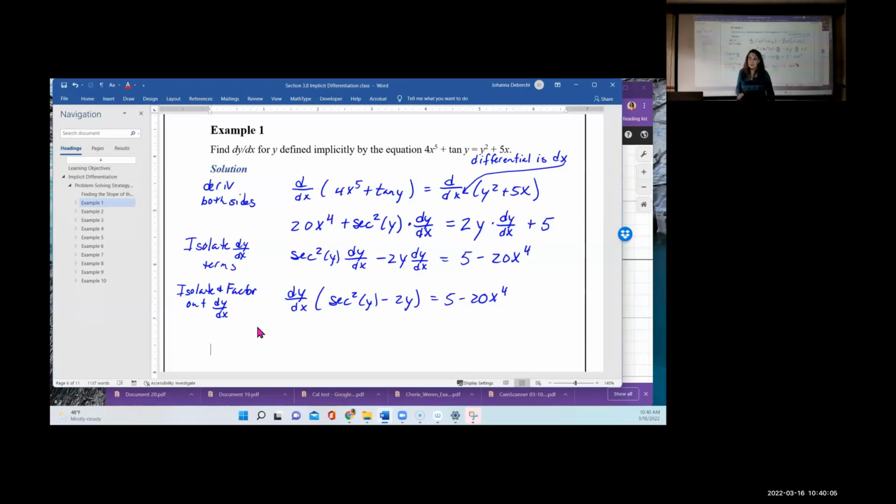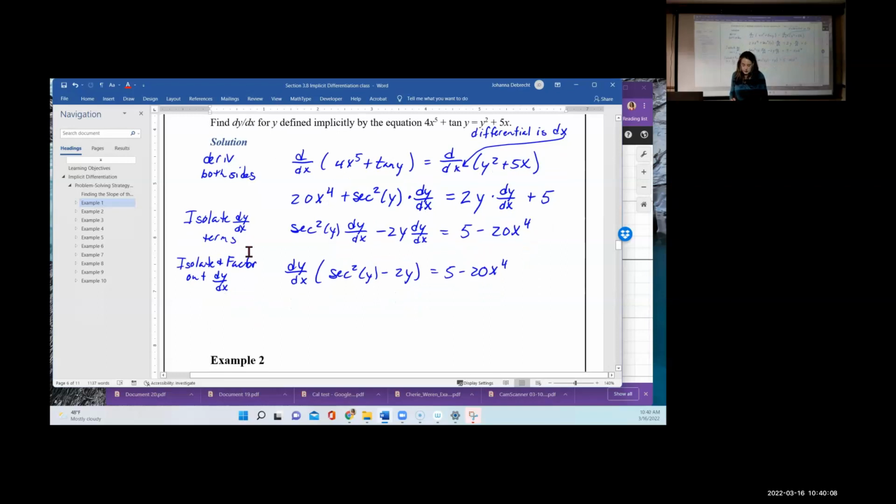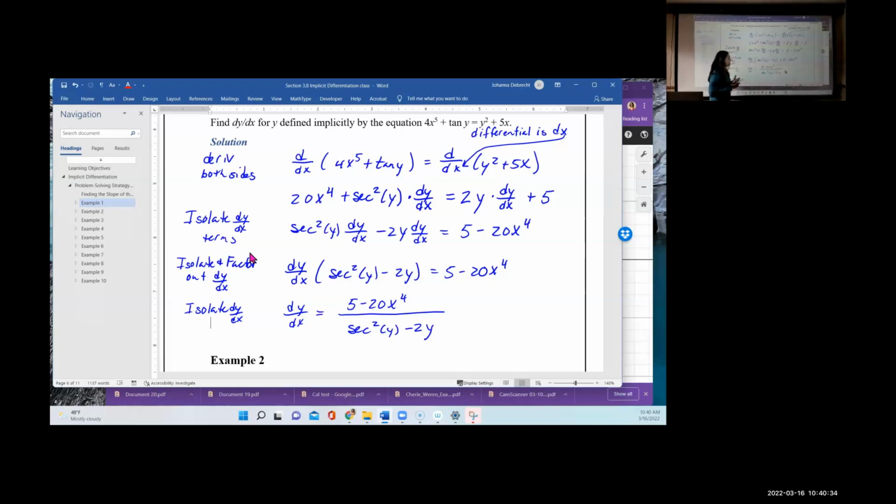And then the last step is to divide by the coefficient of dy/dx to isolate dy/dx. So I get dy/dx is equal to 5 minus 20x to the fourth divided by secant squared of y minus 2y. And you'll notice this is still an implicit formula because it has a mixture of both x's and y's in it. All right, so it's not an explicit formula, it's implicit.